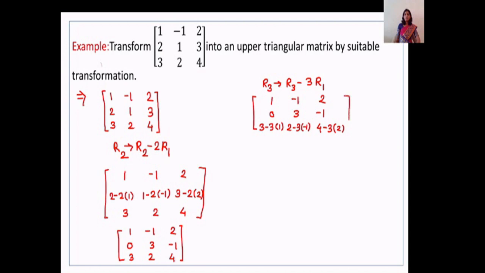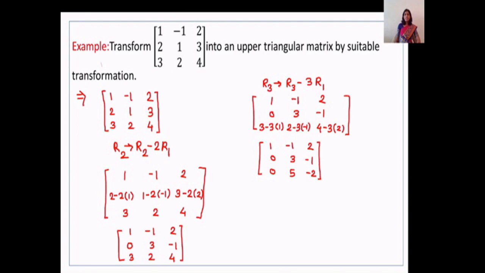So its final answer is 1 minus 1 2, 0 3 minus 1. Here is 0 and 2 minus minus gets plus, which is 5. Here 4 minus 6, which is minus 2.